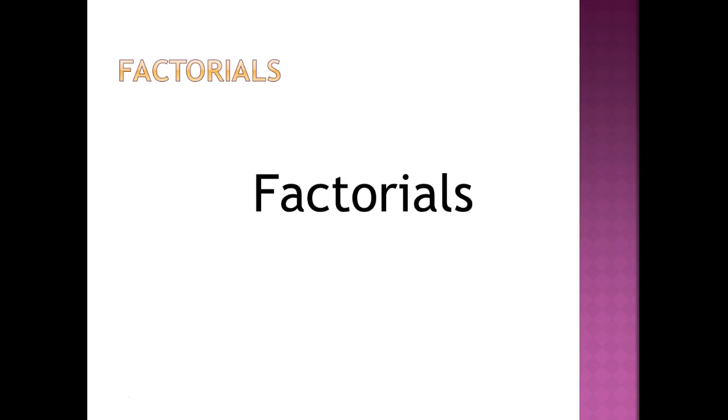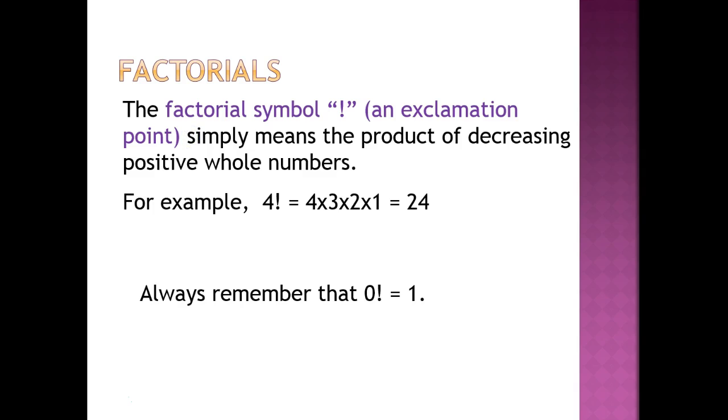Now, first of all, factorials. You'll see the symbol, it's an exclamation point. It simply means the product of decreasing positive whole numbers. In other words, if I had 4 factorial, it would be 4 times 3 times 2 times 1, which is equal to 24.